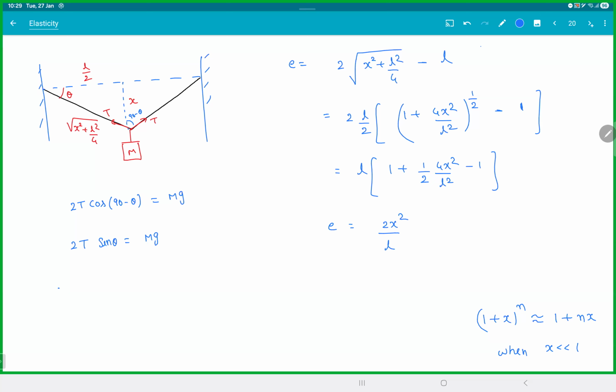Again, since x is small, theta is small. The thing is not tough, but the approximations you have to be clear. Sine theta becomes approximately tan theta, and tan theta becomes x by L by 2, which is 2x by L. Therefore, your tension becomes mg by 2 sine theta.